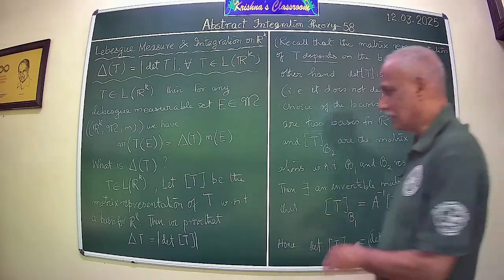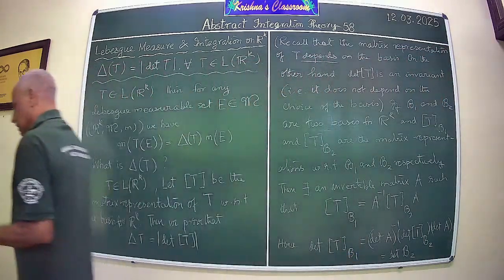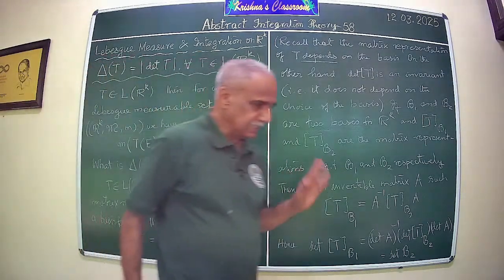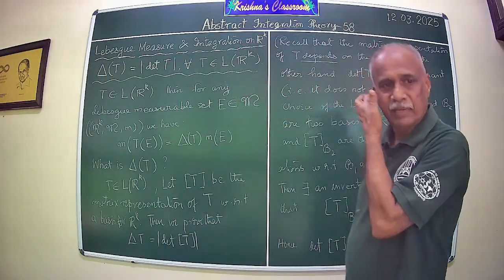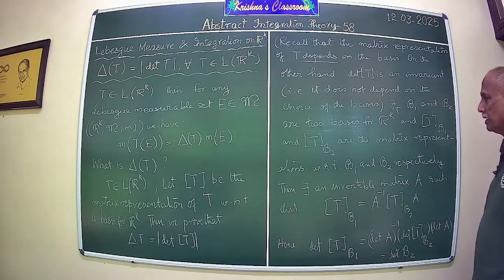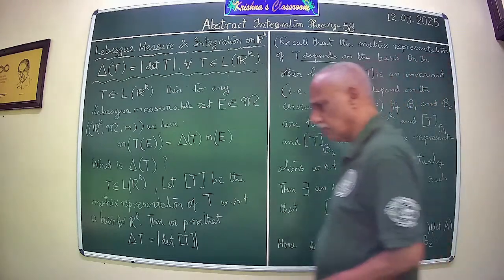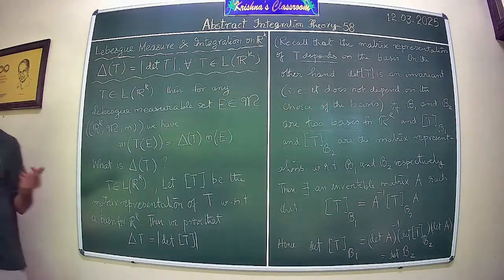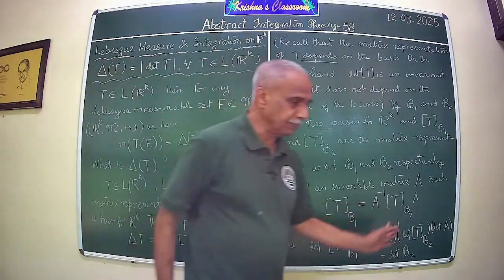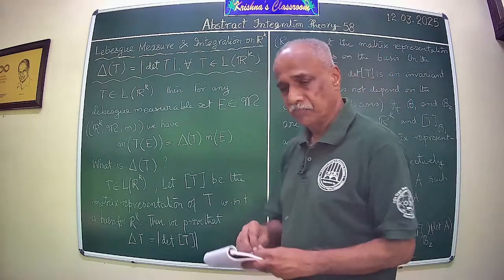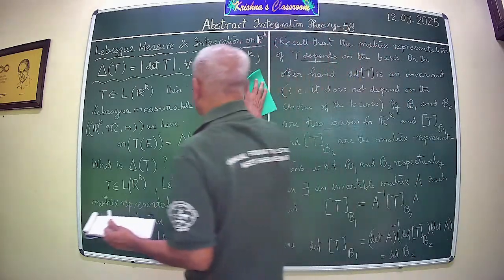So you see that the determinant of the matrix representing T does not really depend on the matrix representation of T, because there are infinitely many matrix representations possible, and this is the connection between them, and this remains an invariant, and that is why we designated this.